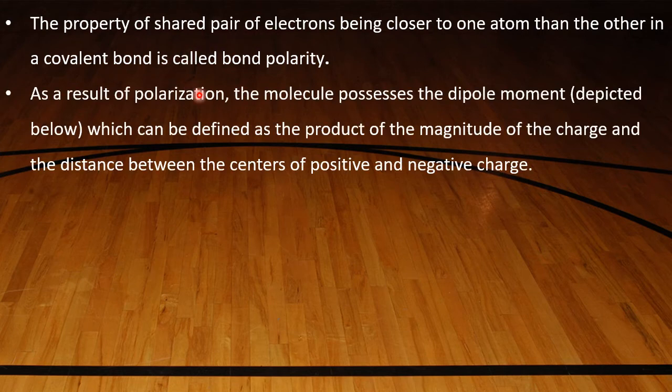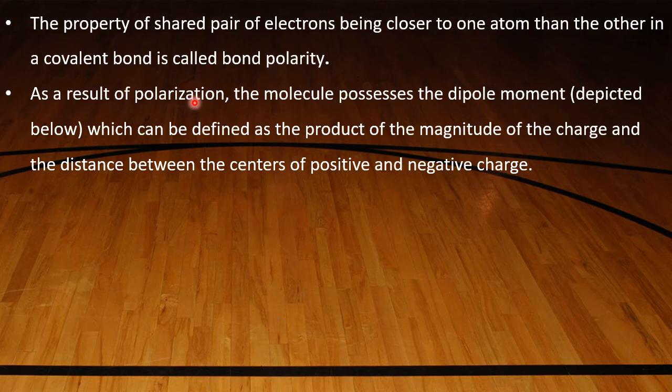As a result of polarization, what is polarization? Here electrons are polarized from one atom to the other atom. We use this word in elections also. Results are polarized because of the influence of a particular person, or the influence of the area or of the party or the work he has done.